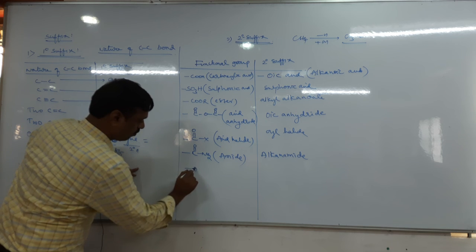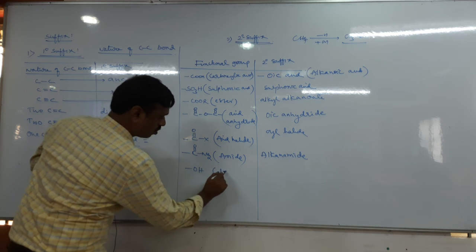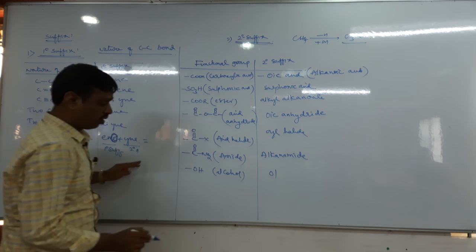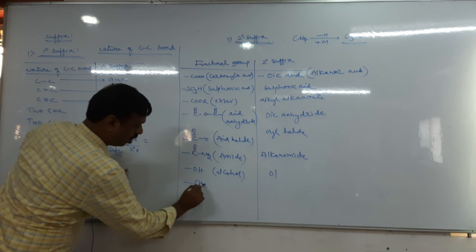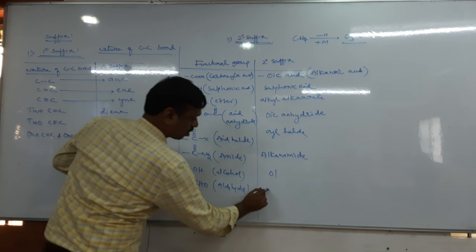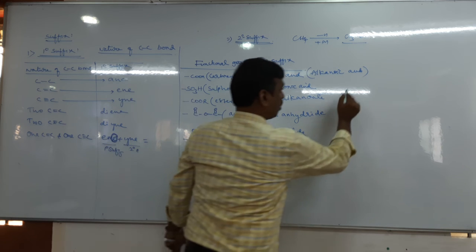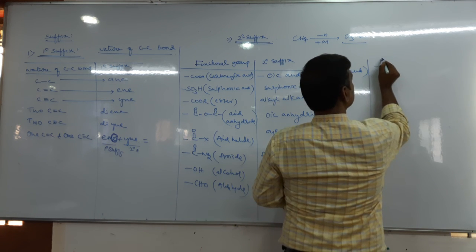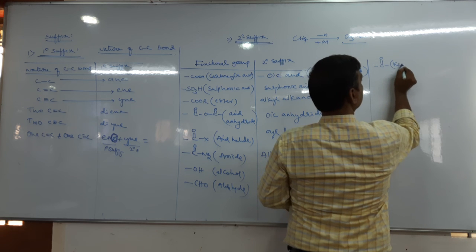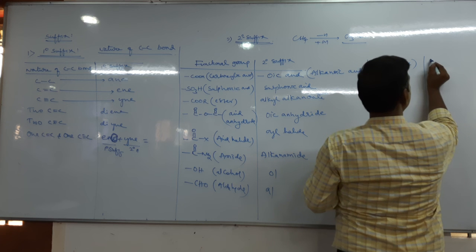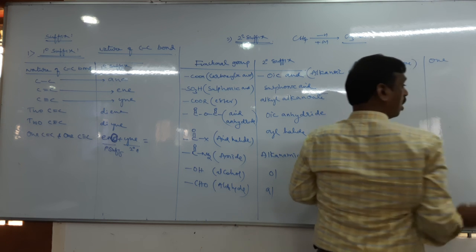Next, if it is OH, it is ol. Aldehyde is al. Ketone, C double bond O, is one, alkanone.